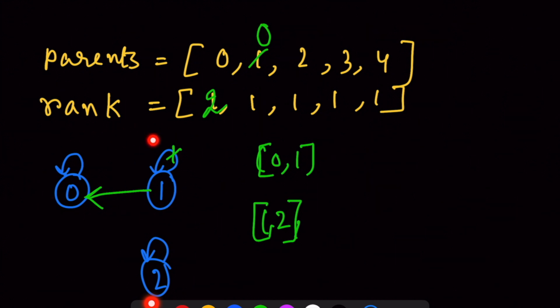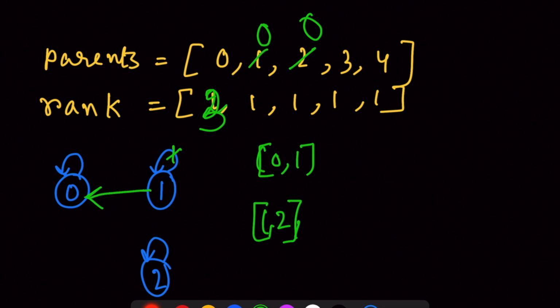So the component size is 2 for 1 and the component size is 1 for 2. That means 2 will point to 0. So 2's representative again will become 0 and 0's rank will become 3, because 0 is representing one component whose size is 3.